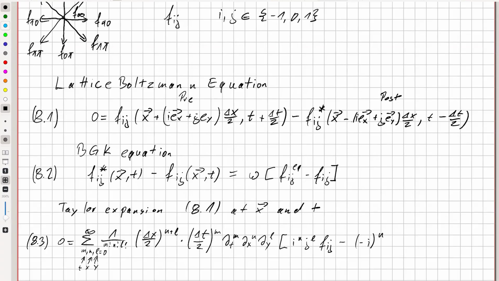You see this goes positive and negative depending on whether n is odd or even. And the same thing for j: minus j to the power of l. And then we also have this thing here that comes with no i, but still has a minus in front of it. So we still have minus 1 to the power of m. m is the counter for the time, and this goes into F_ij after collision.